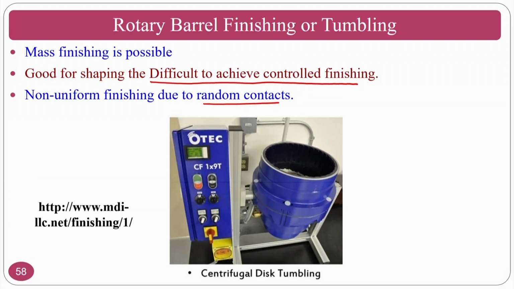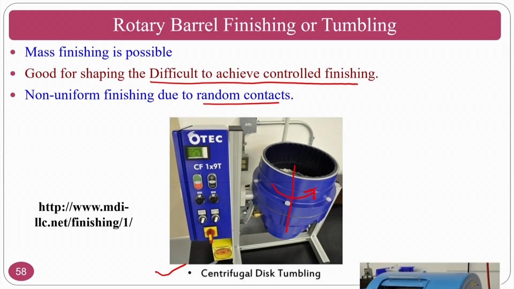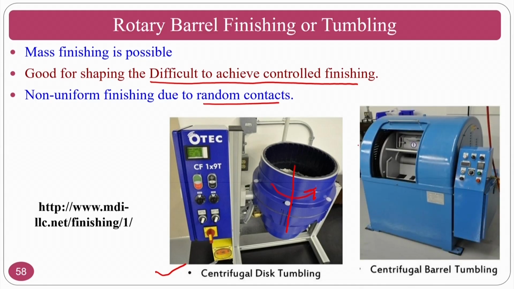The first variety of this is the centrifugal disc tumbling process, where there is a vertical axis about which all parts and abrasive particles will be rotated. The other version is the horizontal type. One is the vertical type, wherein it will rotate about a vertical axis, and another is horizontal.